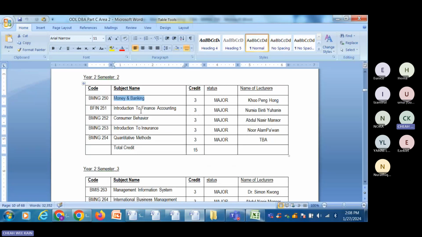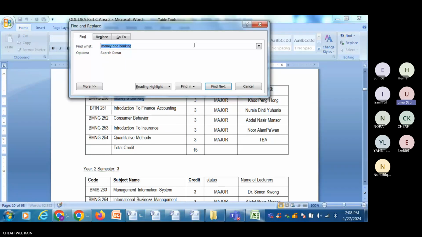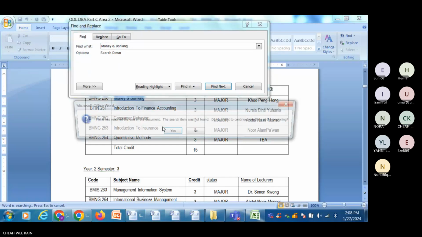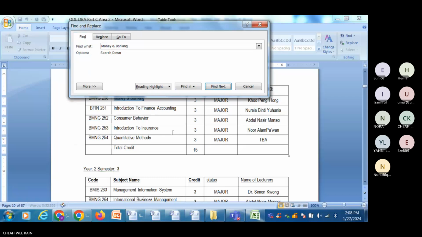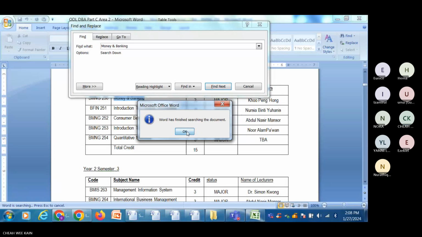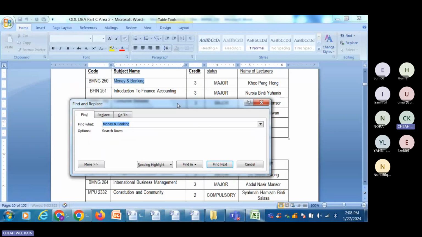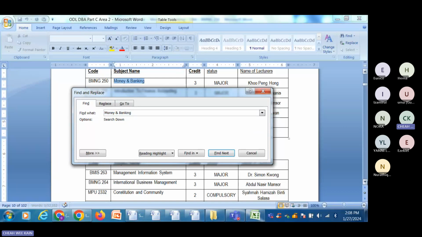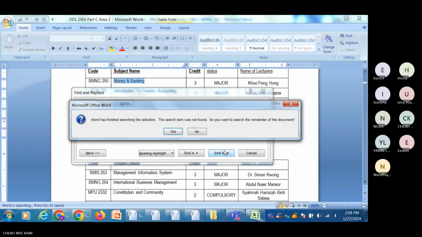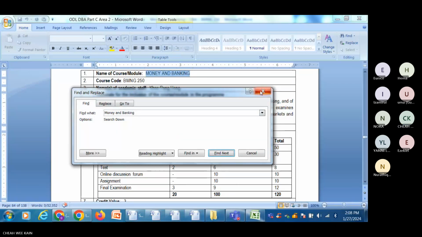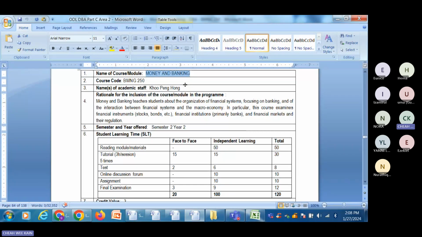This is called the syllabus. So BMG 250.